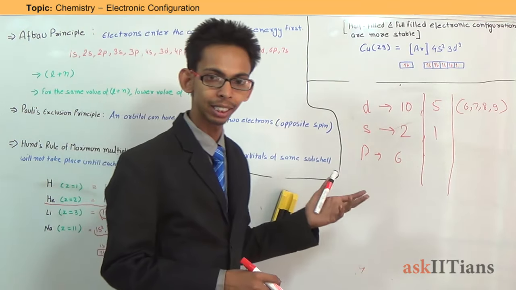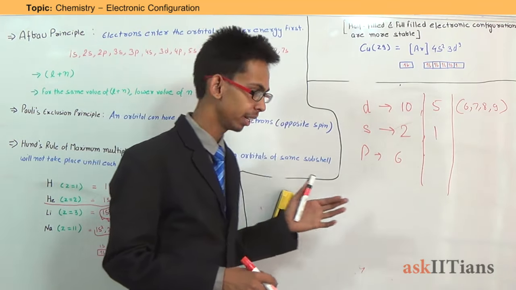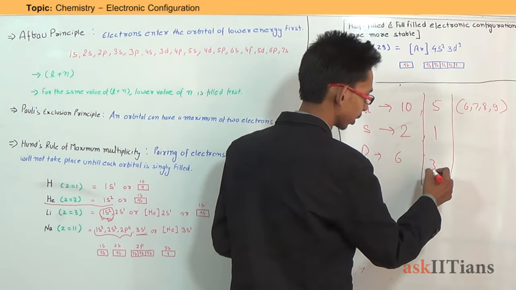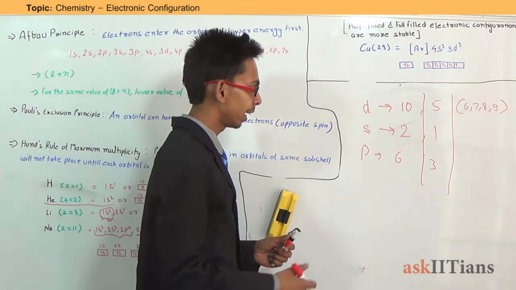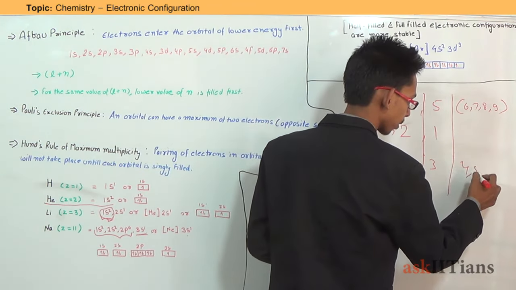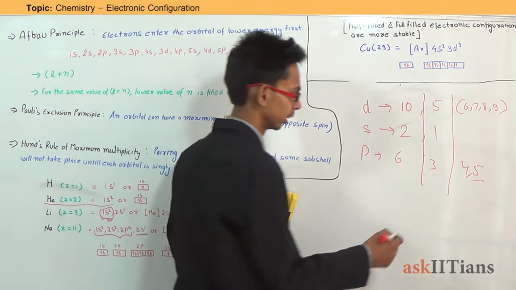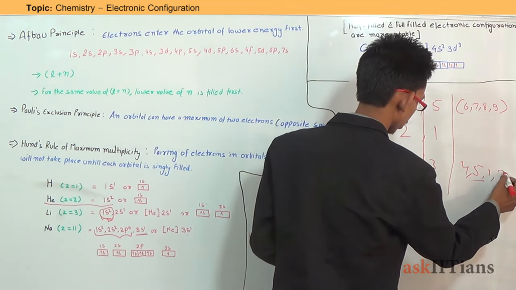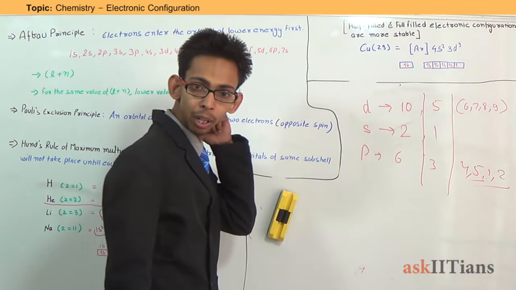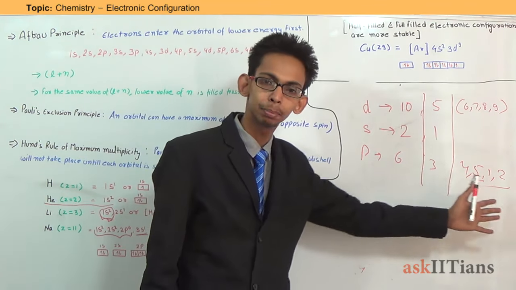If it has 6 electrons, we'll say that it is fully filled. If it has 3 electrons, we'll say it is half filled. And if it contains 4 or 5 electrons, that means it is partially filled, or we can say 1, 2 also. So anything other than half filled and fully filled is partially filled.